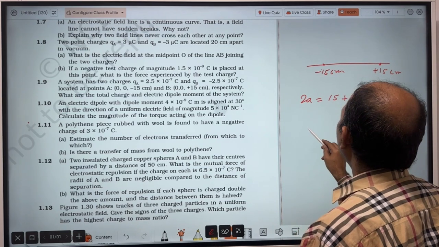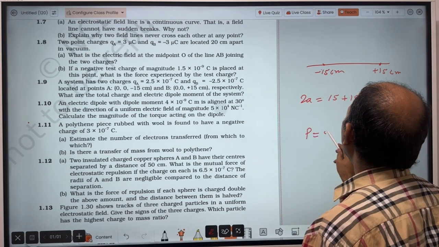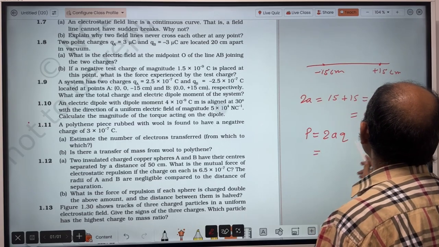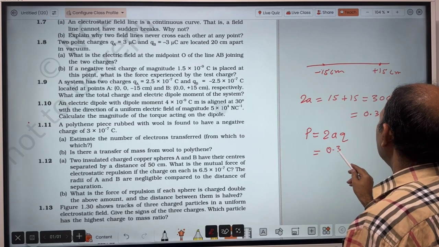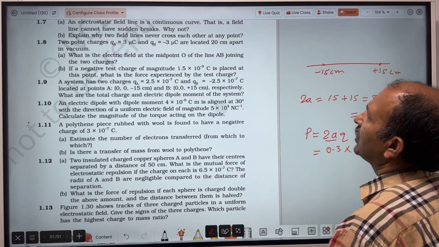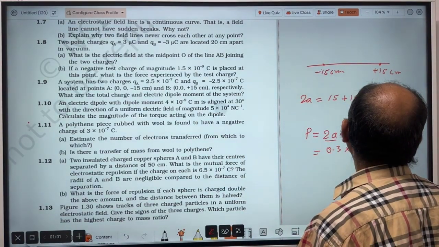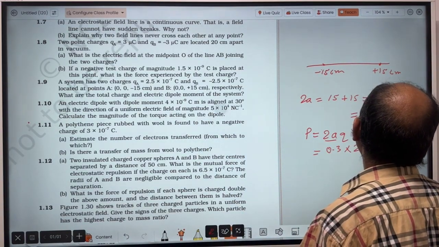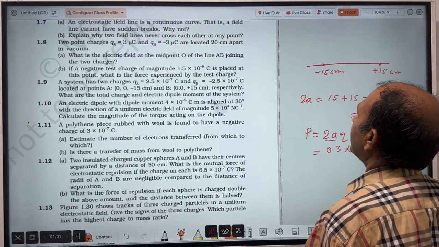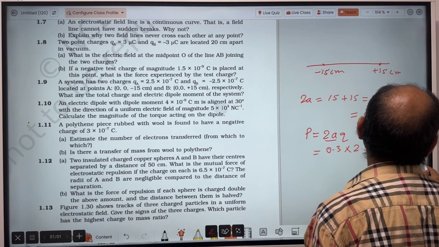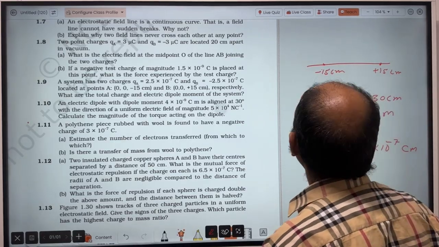So here we have to find the dipole moment P equal to 2aq. We take the positive charge for this purpose. So 0.3 is 2a and the charge is 2.5 into 10 to the power minus 7. Unit will be coulomb meter. So this is the dipole moment.